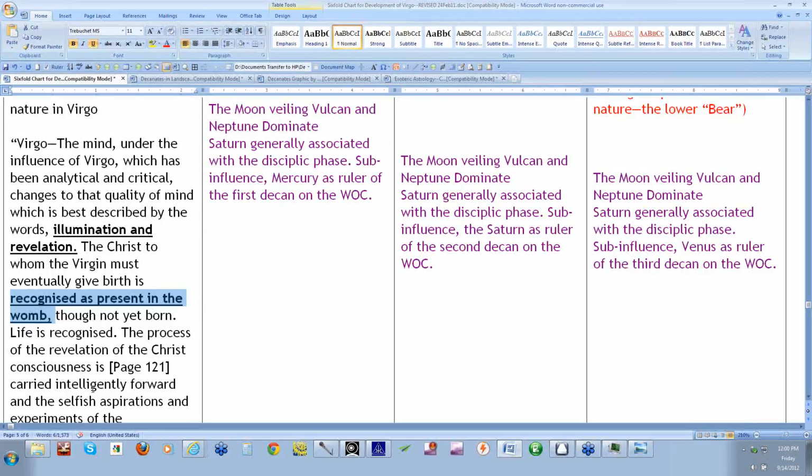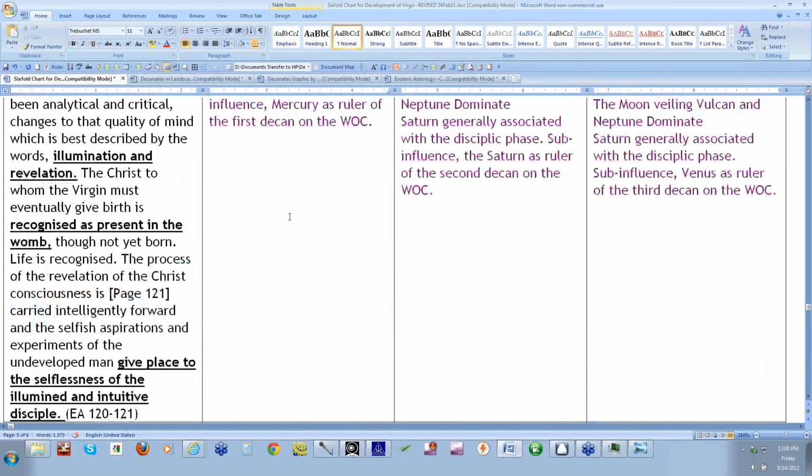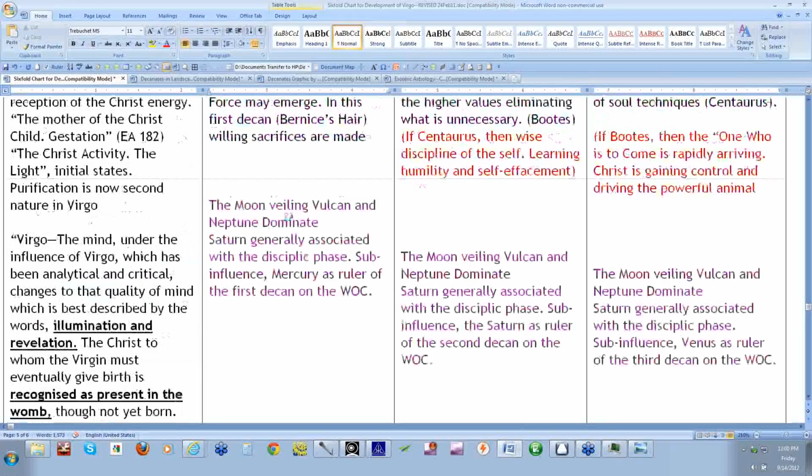The process of the revelation of the Christ consciousness is carried intelligently forward, so we know how to cultivate the emerging soul. And the selfish aspirations and experiments of Sagittarius, I suppose, give place to the selflessness of the illumined and intuitive disciple. This is a very beautiful description of what can happen in the esoteric position of the individual, largely under Vulcan and Neptune veiled by the moon.